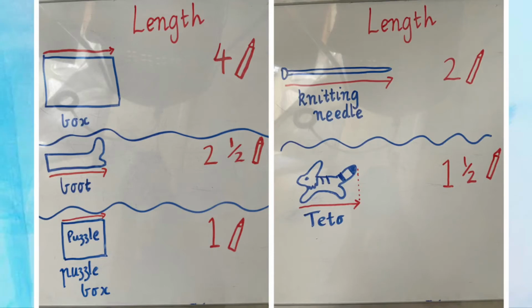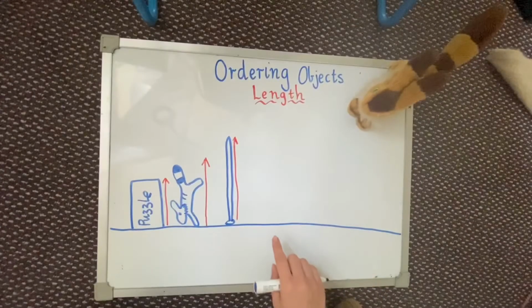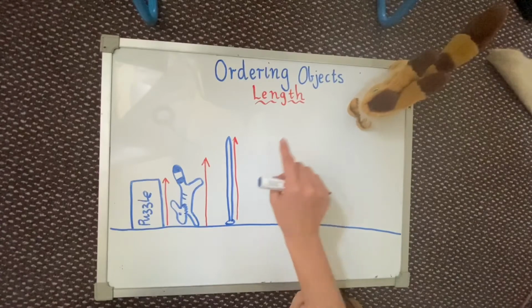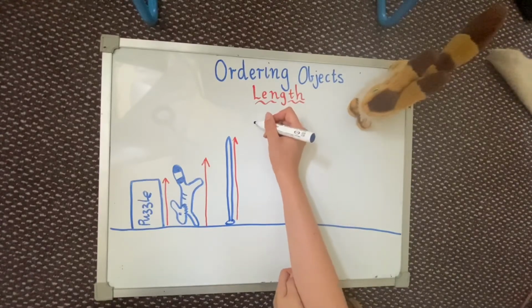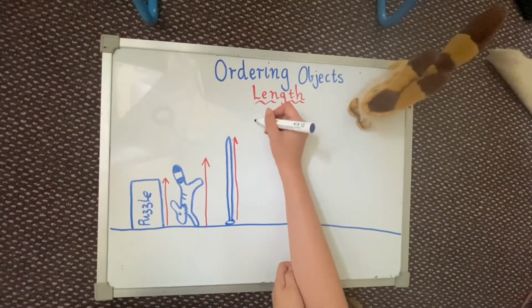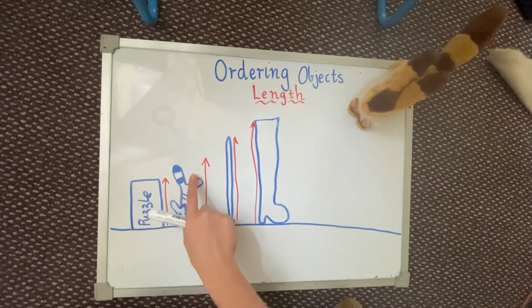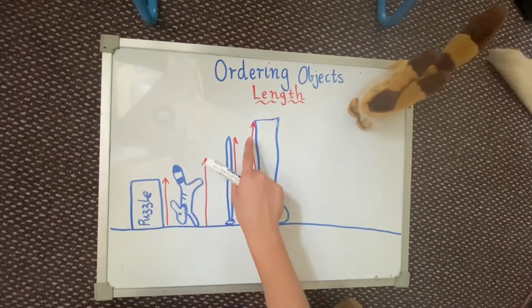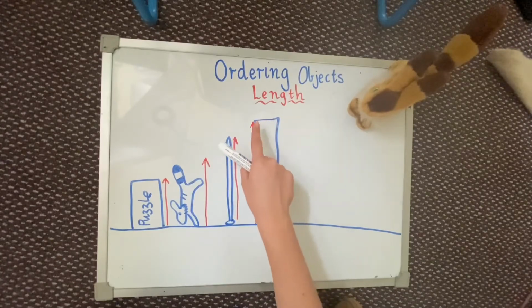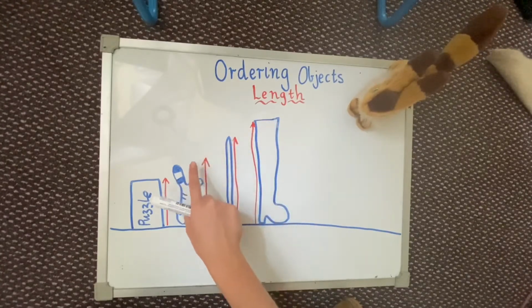That is the longest one, which means the boot comes next in our ordering, and after that we'll do our box. Now let's draw our boot next to our knitting needle. As you can see, the objects are getting longer and longer as I move this way, and shorter as I move this way.